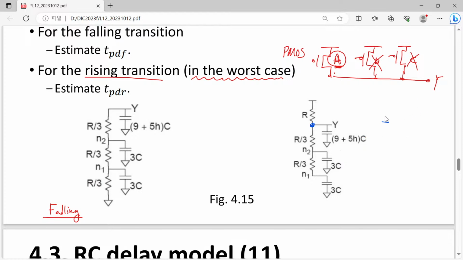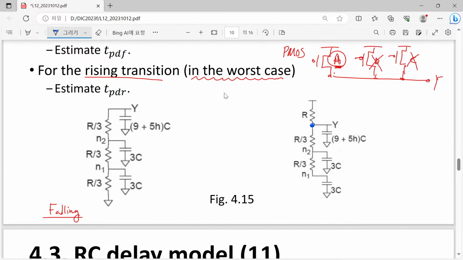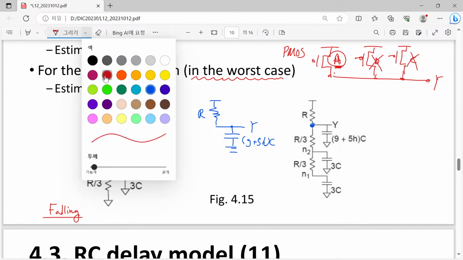Okay. But I wanted to ask you this question. Am I right? So I made a simple question once again. Here you have R, Y, and now you have 9 plus 5HC. Please concentrate. I just ask you this question.